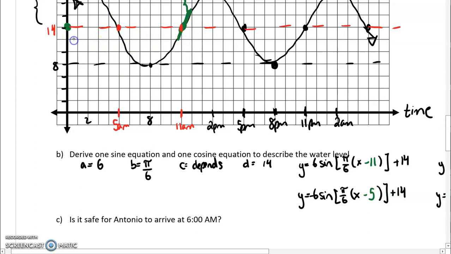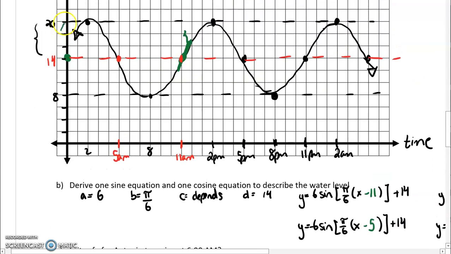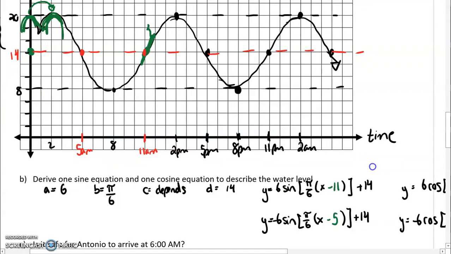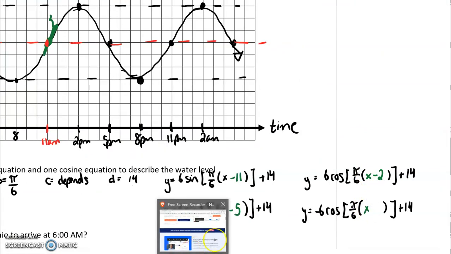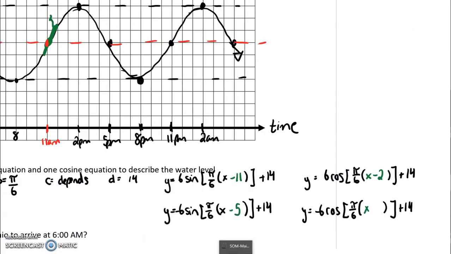And cosine starts at the top and heads down, so it's going to look like this, which is right here. It's really, really close. It's only a jump of 2 to the right. So for cosine, I'm going to go 2 to the right. And then for negative cosine, sorry, where am I here?